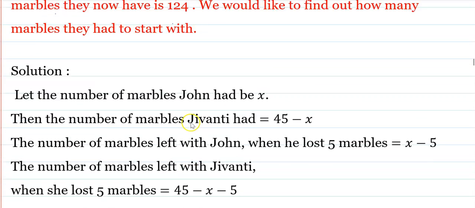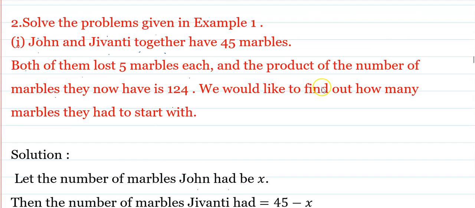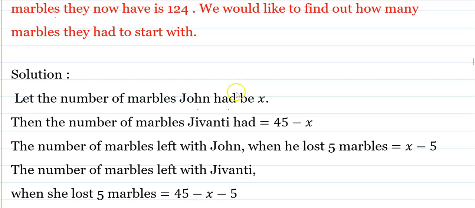Okay. Now the first is, let the number of marbles John had be x. Then the number of marbles that Jivanti had is 45 minus x, because both of them have 45. If one has x, then the other has 45 minus x.